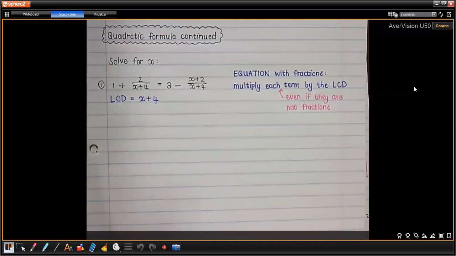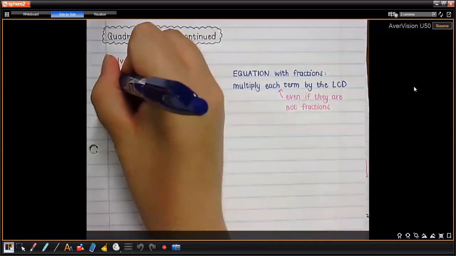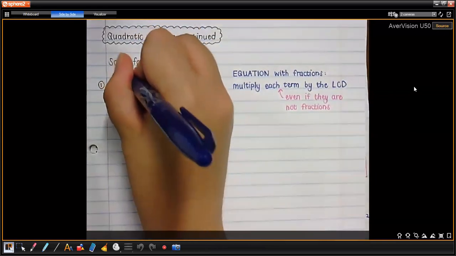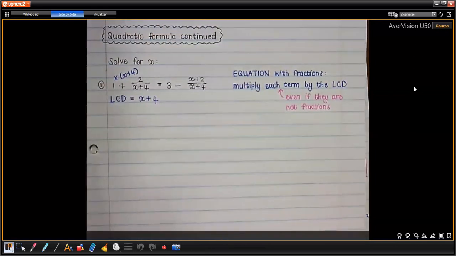So that means that we are going to multiply every term, all four of them, by x plus 4. Okay, so I'm just going to write it within this thing here. I'm just going to put it times x plus 4. And it's good to put that x plus 4 in brackets because now it's two terms. When we multiply something by two terms, we need to put brackets around.